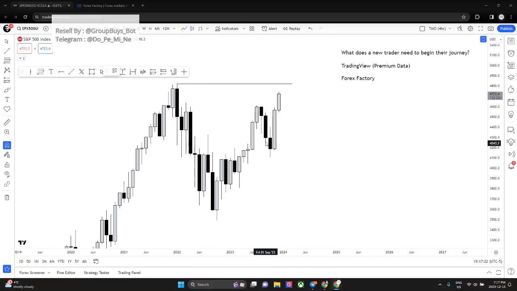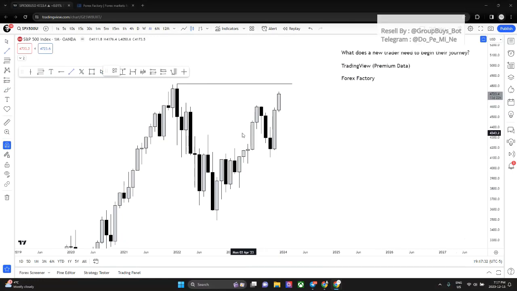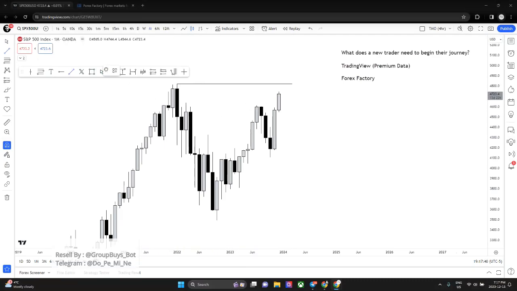So mostly what we'll be focusing on is liquidity, the types of liquidity. You have internal liquidity, which is like fair value gaps and so on, things that I'll explain soon if you're new, don't worry. We have fair value gaps, old highs, old lows.